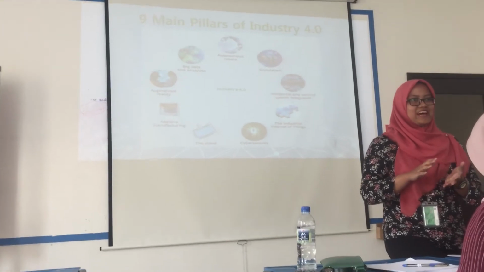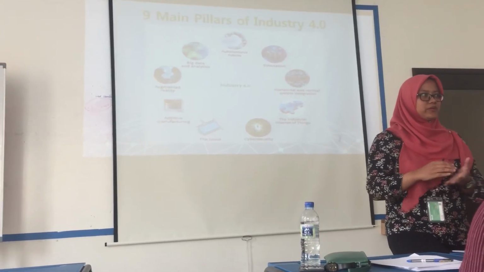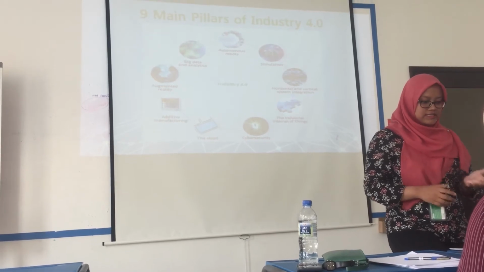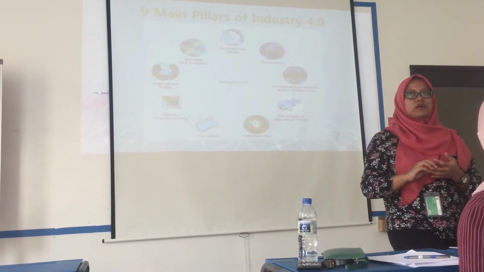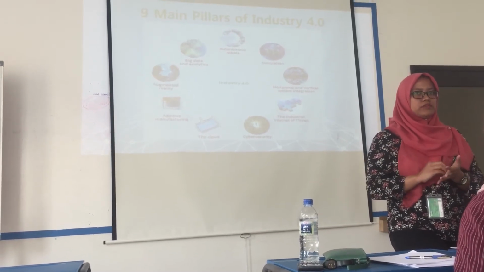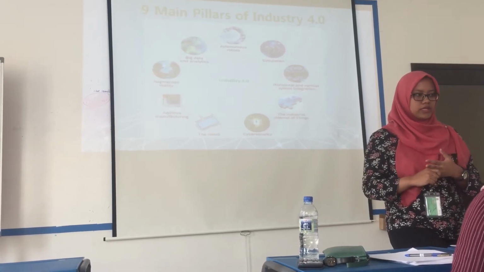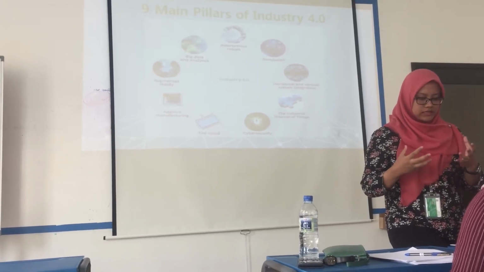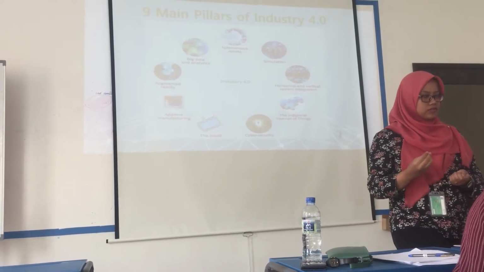If we put our hand there, it blows hot air and we dry our hands. Next is cyber security. As everything is linked to each other, it is important to have cyber security to protect our privacy and information systems.